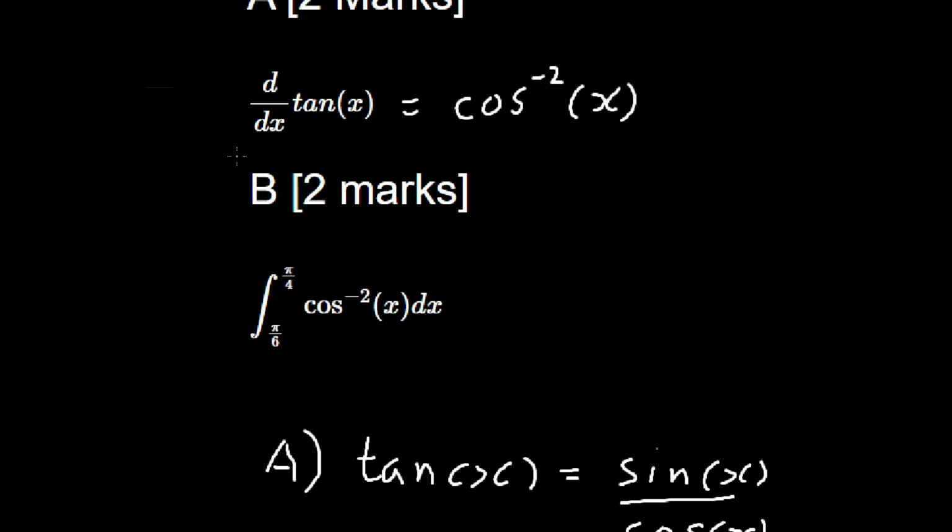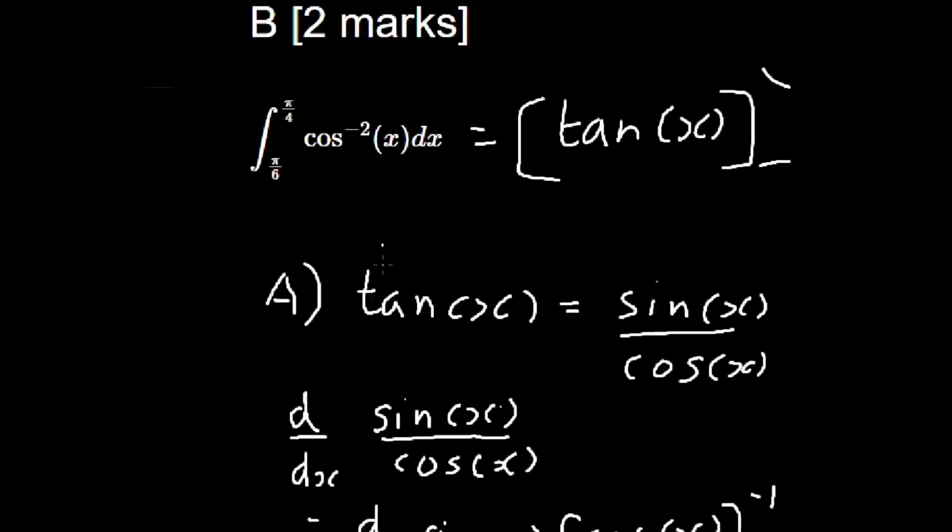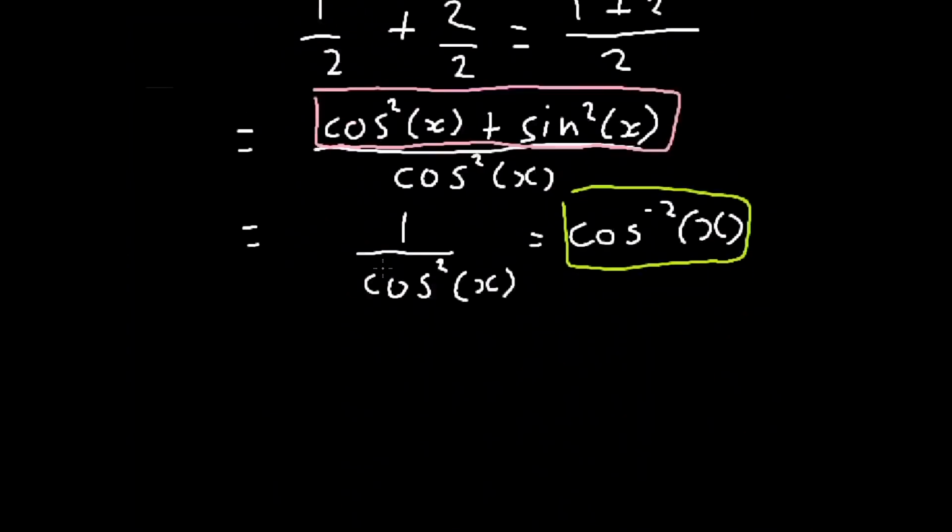Okay? That means that you can then use it so that when you integrate it, this is equal to tan straight away. So you have to use your answer from the previous part. Okay, so that's what we're going to do here.